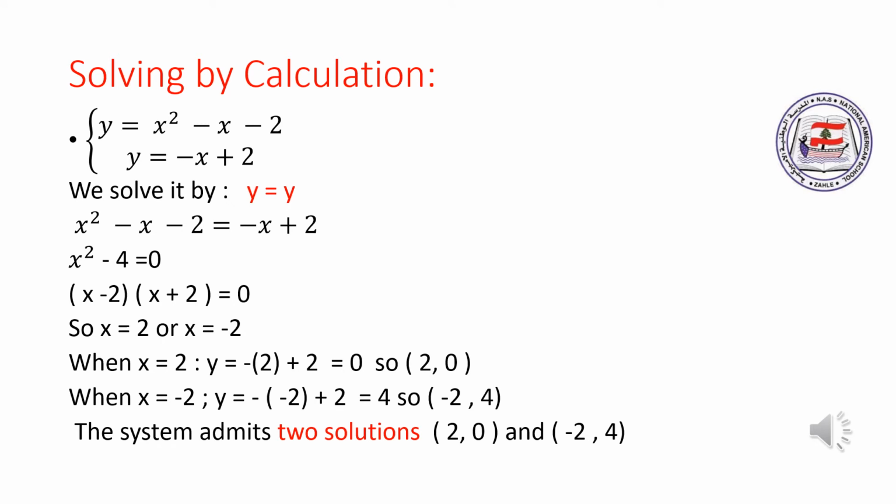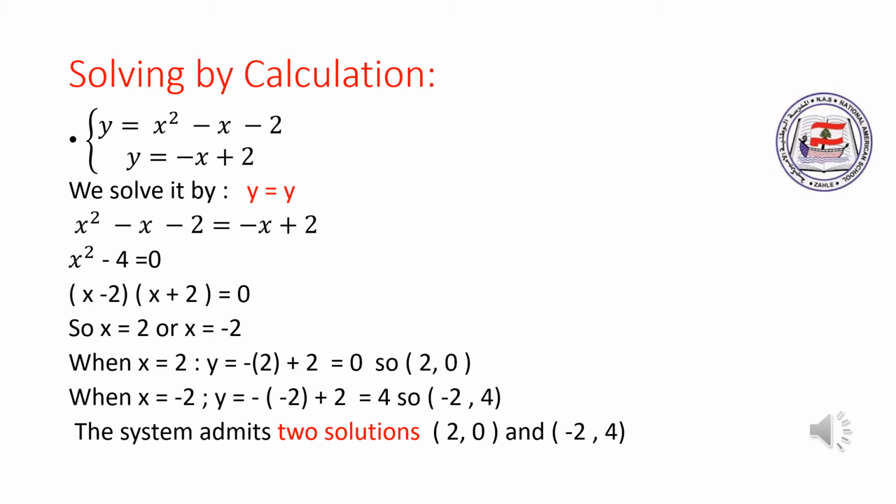Let's move to solve this same system by calculation. By solving by calculation, we can find the accurate solutions of this system. Since the solutions of the system represent the points of intersection of both equations, we need to solve it by taking y equal to y.